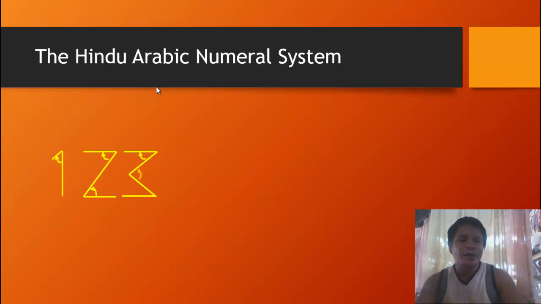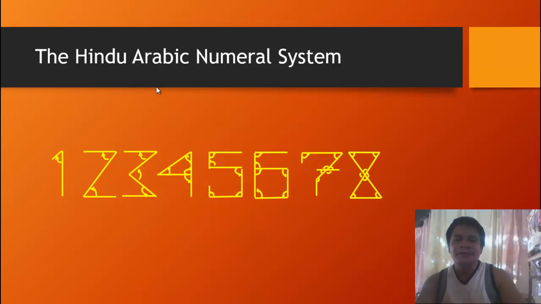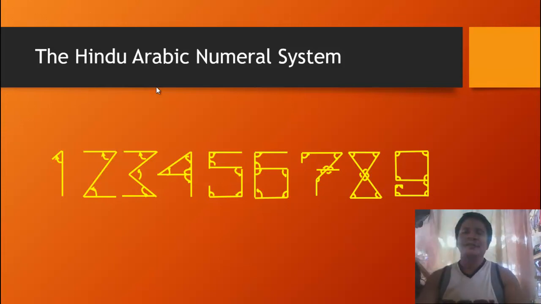We have 3 for 3 angles, and 4 for 4 angles. 5 for 5 angles. 6 for the 6 angle symbol. 7 for the 7 angle symbol. 8 for the 8 angle symbol. 9 for the 9 angle symbol, and 0 for none.